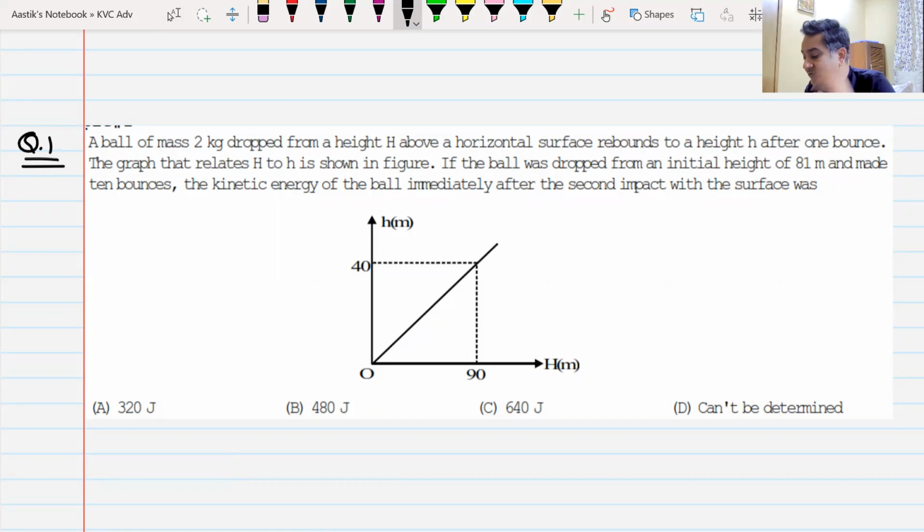The graph that relates capital H to h is shown in the figure. The ball was dropped from an initial height of 81 meters and made 10 bounces. The kinetic energy of the ball immediately after the second impact is how much? Let's see if you can get me this answer.